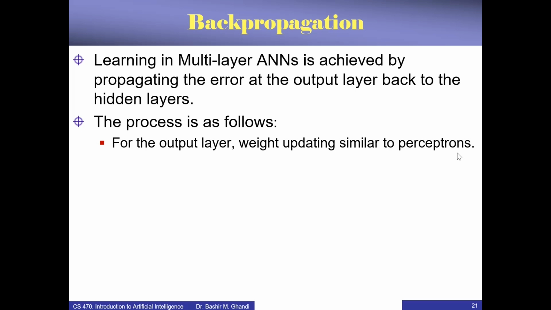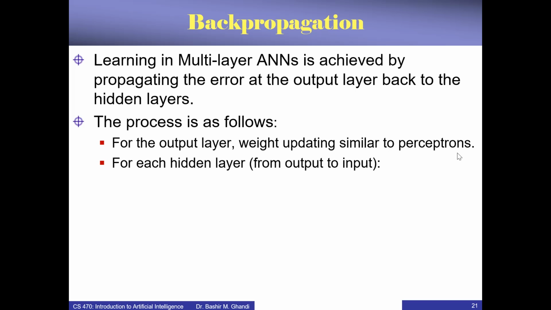However, before you adjust the weight and start the process, you have to compute what will be the weight for the layers before the output layer, the hidden layers, back until you reach the input layer. How do you adjust the weight in those cases? So this is where the backpropagation is done.